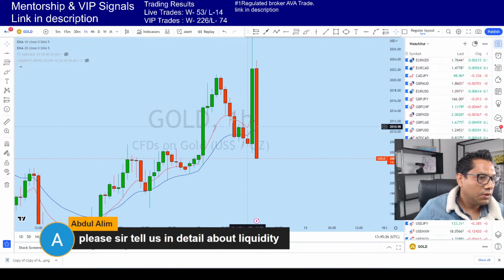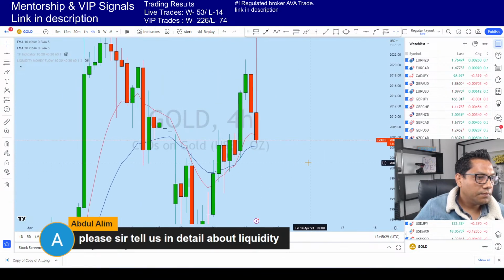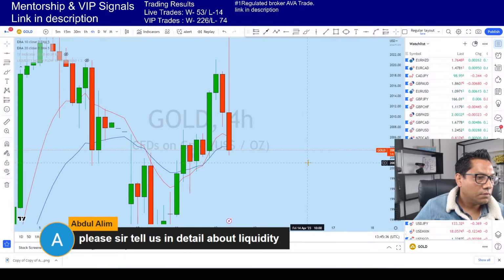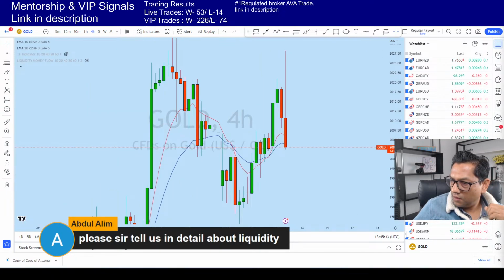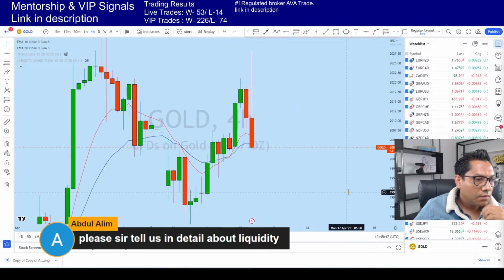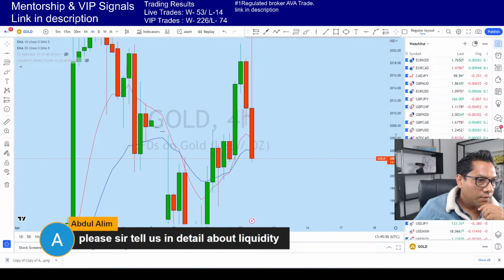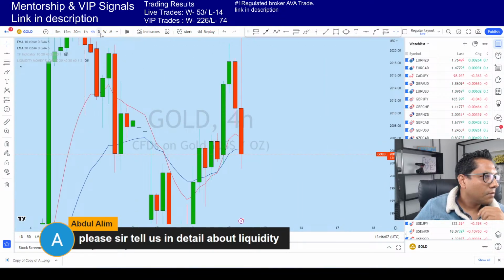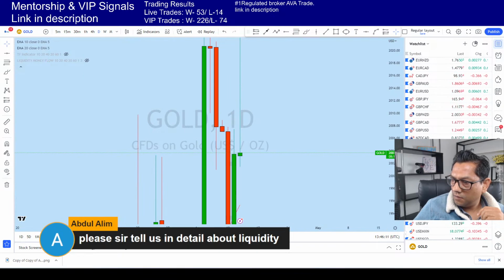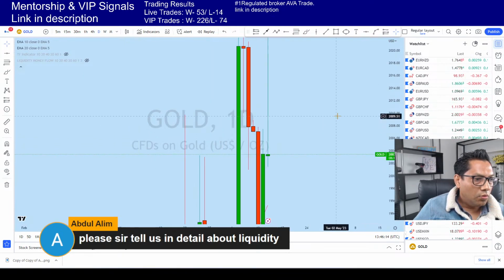Completely the other way around. So before FOMC, this happens all the time in the market. Almost come to the daily support.